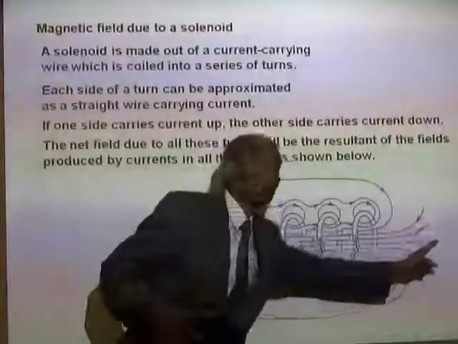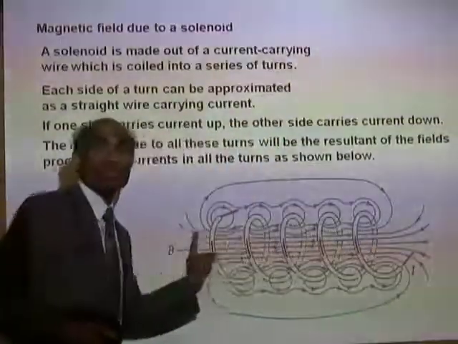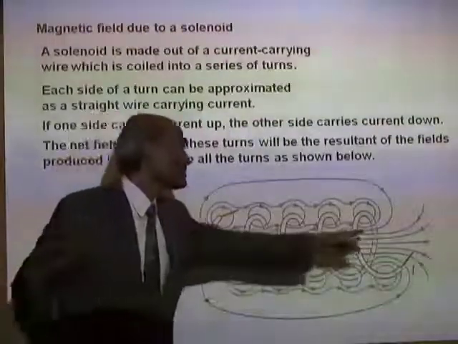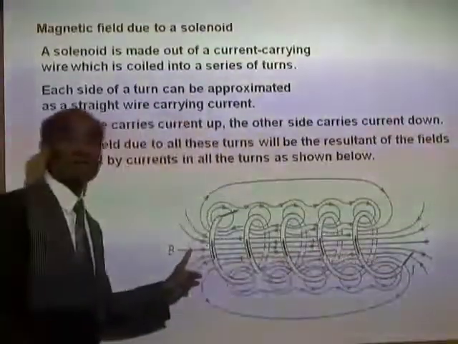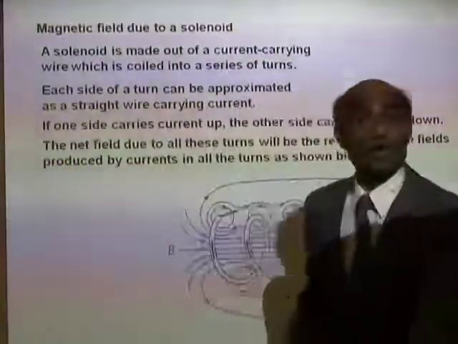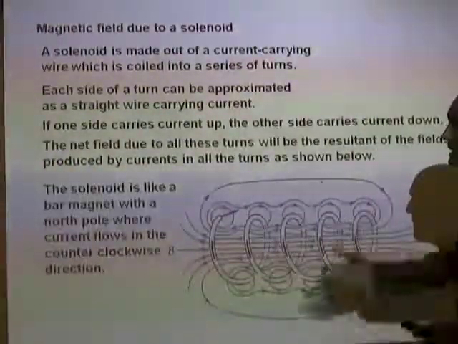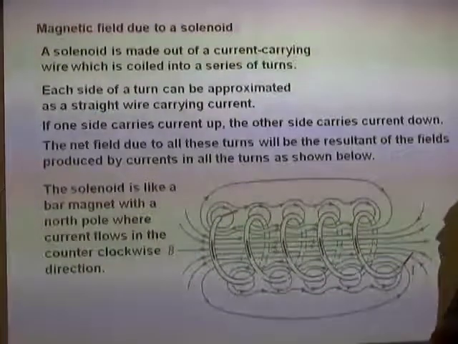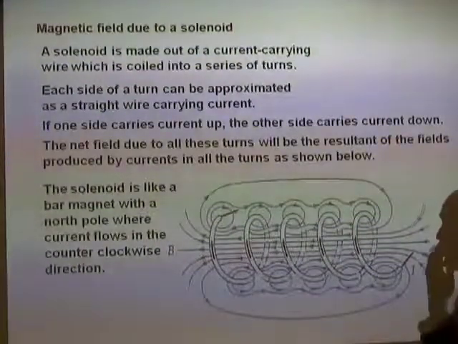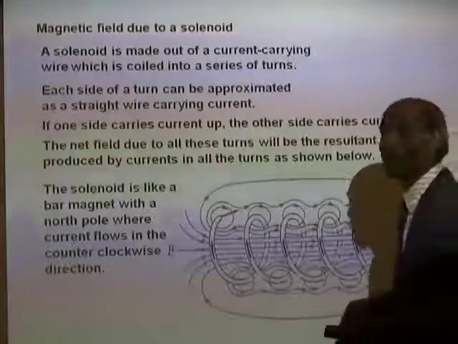Where the field enters the right and leaves the left. That means this end behaves like a south pole and this end behaves like a north pole. So the solenoid is like a bar magnet with a north pole where the current flows in the counterclockwise direction.